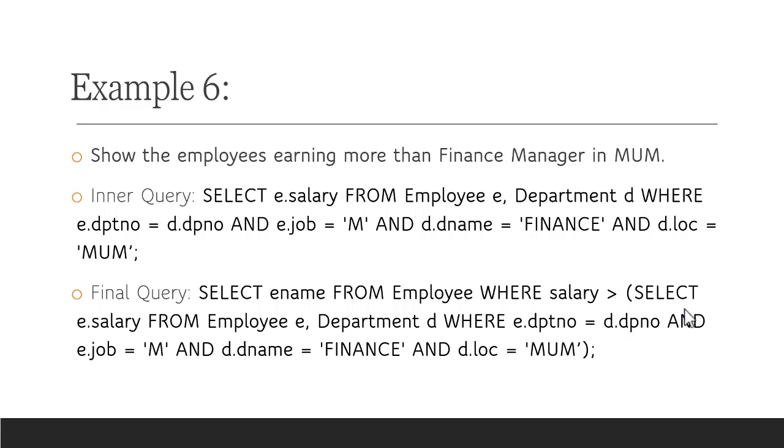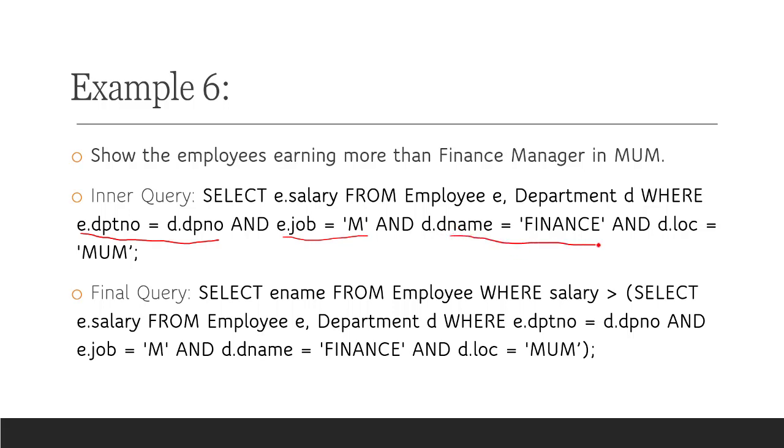In the inner query, we select e.salary from employee E and department D, where e.dpt number equals d.dp number; here we are performing the join. Then we select the person whose job profile is M. Not only that, the department name is finance and the location is Mumbai.